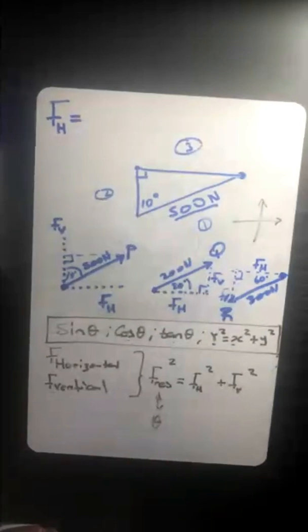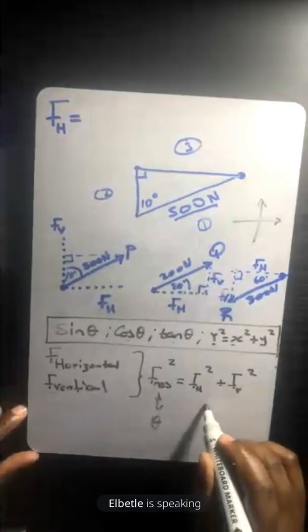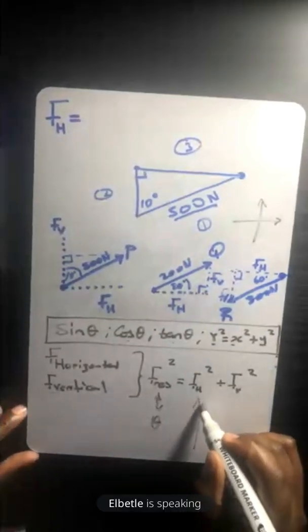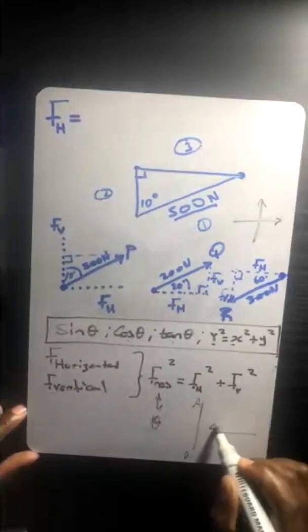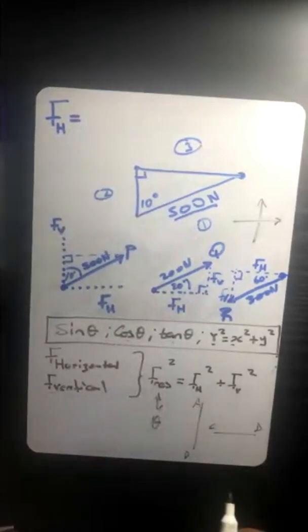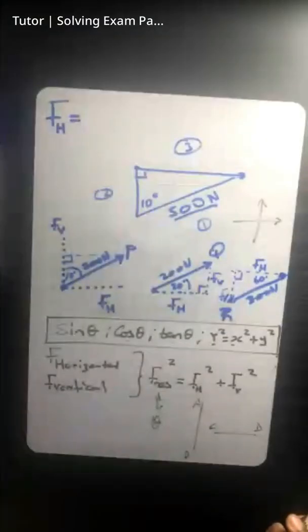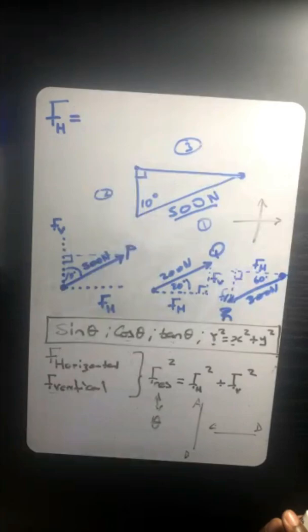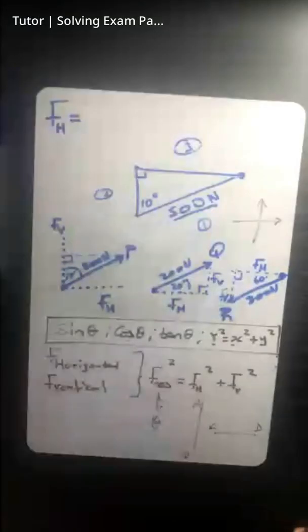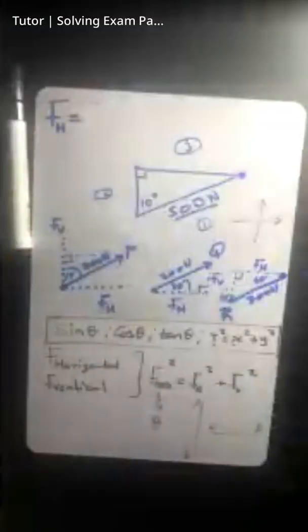Let me try to check again. Shreyas, do you know between these two lines, A and B, C and D, which line is vertical and which one is horizontal? No, sir. Okay, so now I'm able to detect exactly where the problem is.